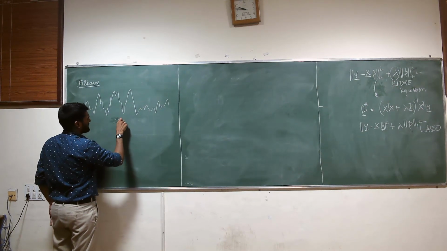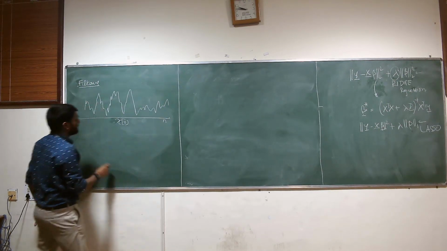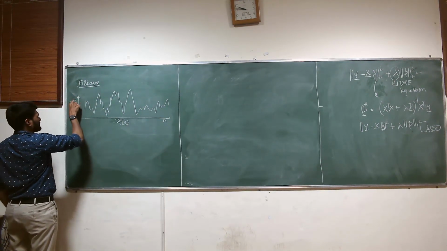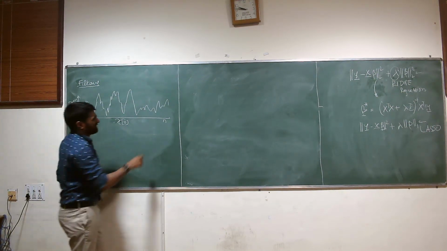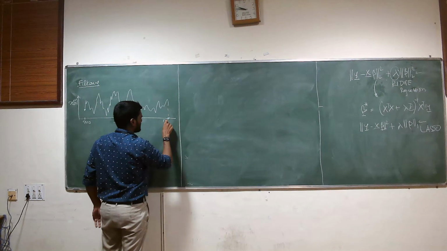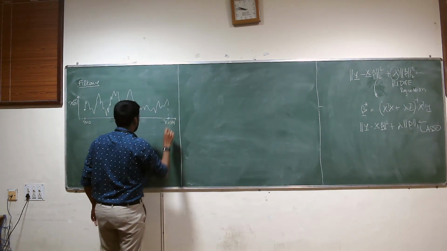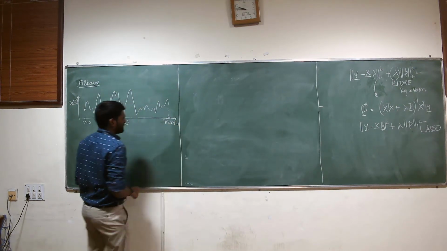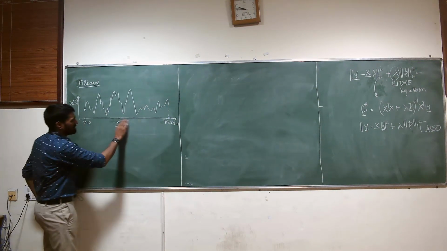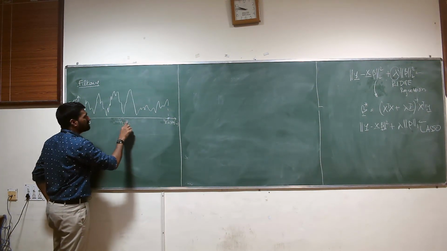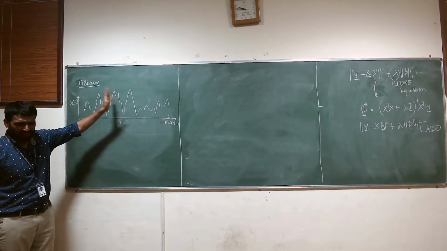This is let's say x of n, where this is the time index, and this is your experiment. Let's say starting from n equals 0, we measure this. Let's say n equals m or m minus 1. Maybe I should not have used n, but that's okay. We know how to filter this.